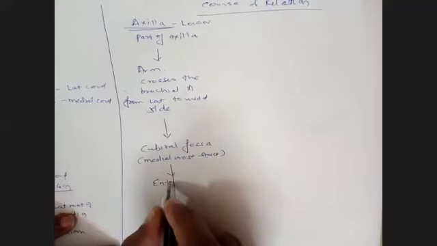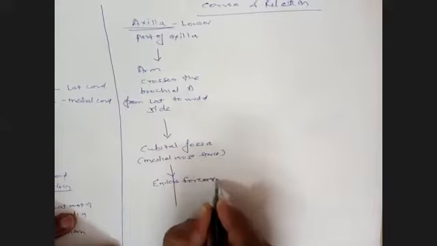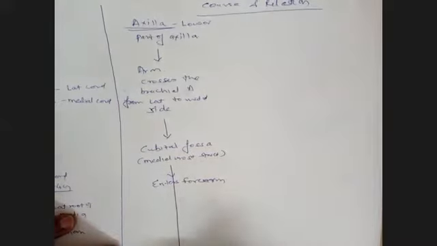Then it enters the forearm, and in the forearm it will supply the majority of the muscles.